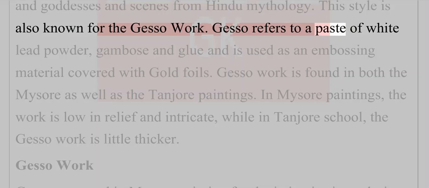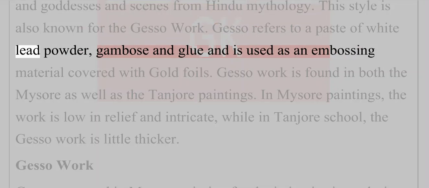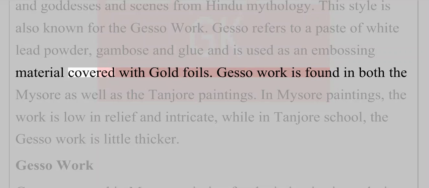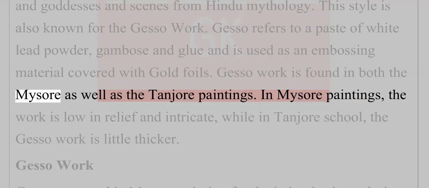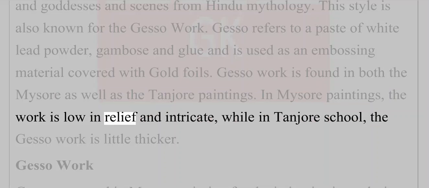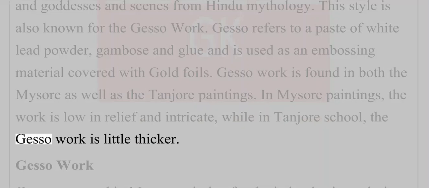Gesso refers to a paste of white lead powder, gum and glue, and is used as an embossing material covered with gold foils. Gesso work is found in both the Mysore as well as the Tanjore paintings. In Mysore paintings, the work is low in relief and intricate, while in the Tanjore school, the gesso work is a little thicker.